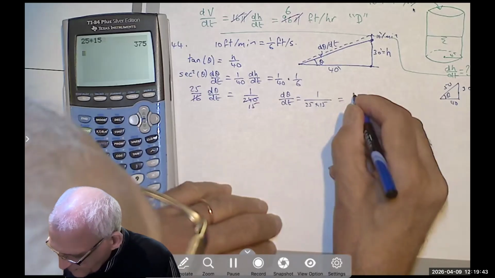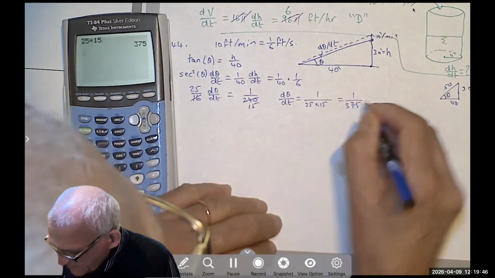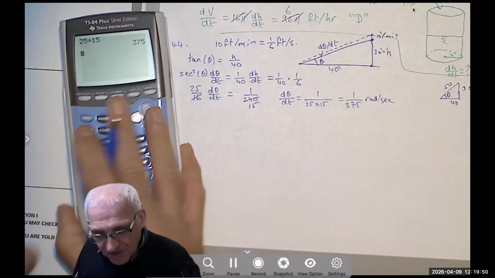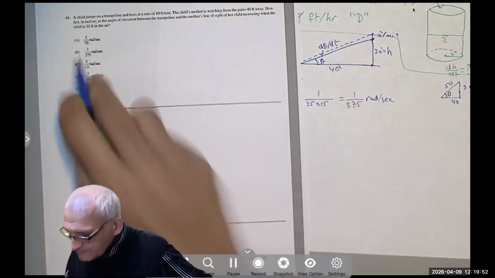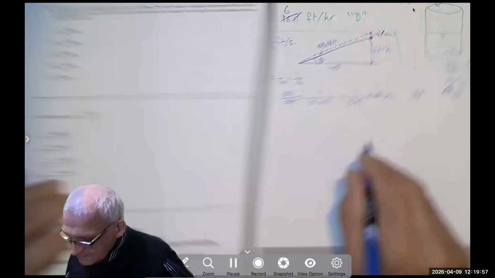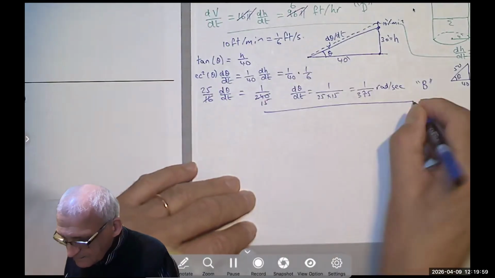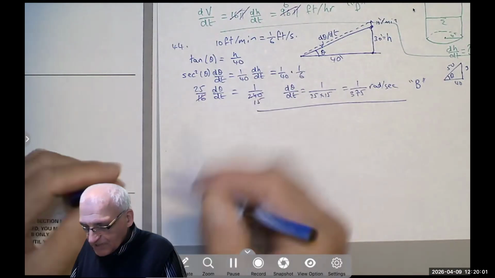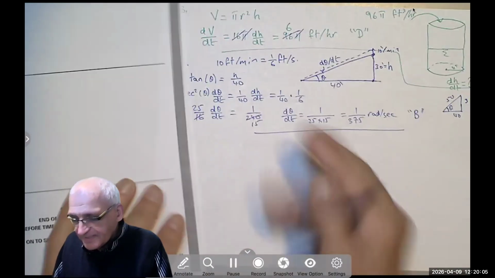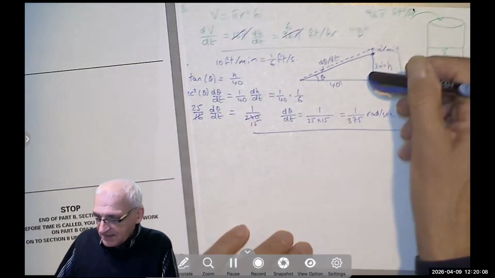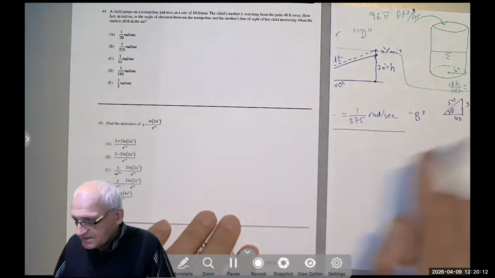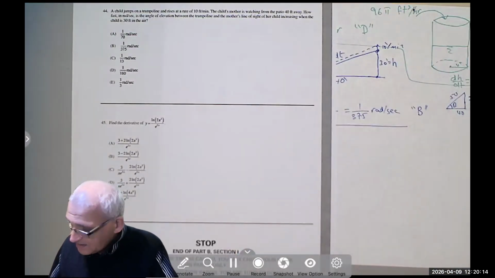Yeah, 1 over 375 radian per second, which is B. So again, we deal with theta and h until we get a relationship, and then we substitute. That's why they tell you this is 30, so they make the triangle easy, 3, 4, 5, and you can easily find anything you want from it.